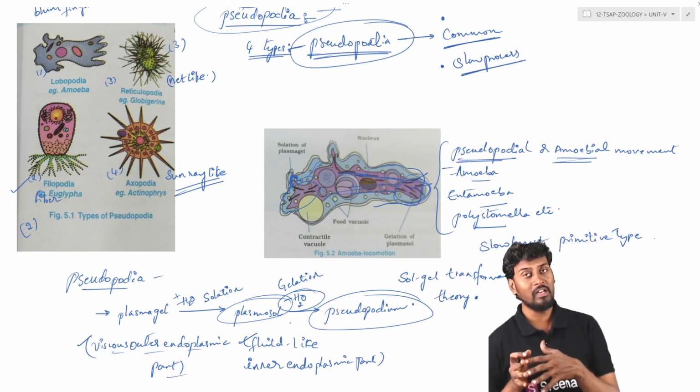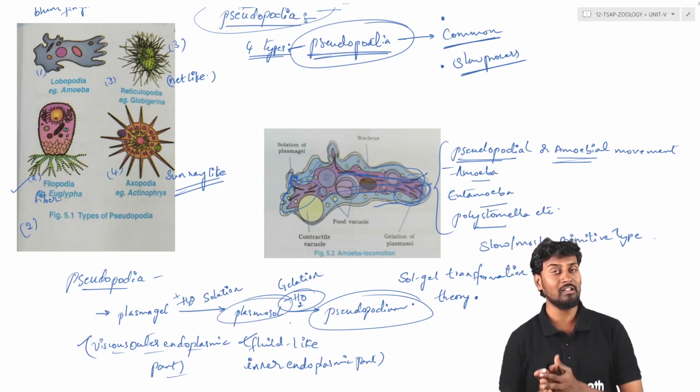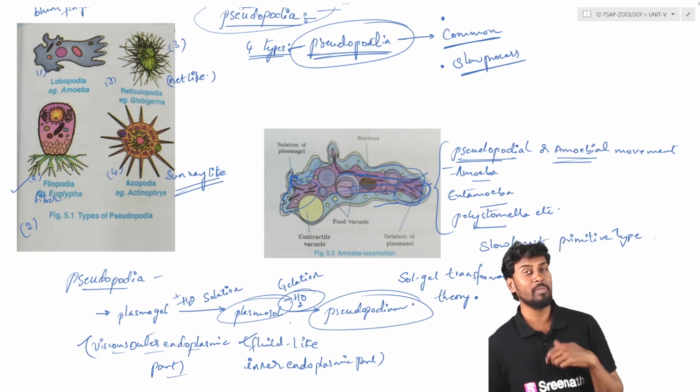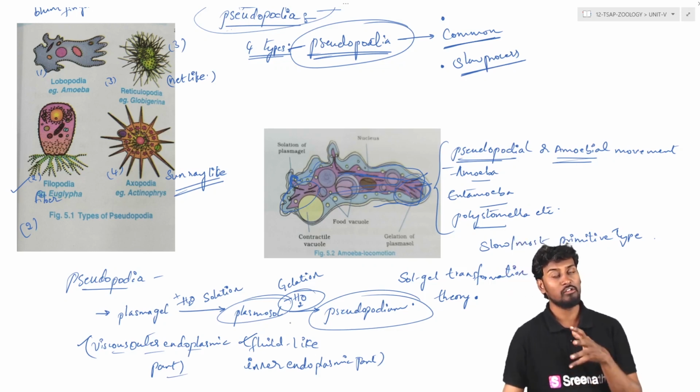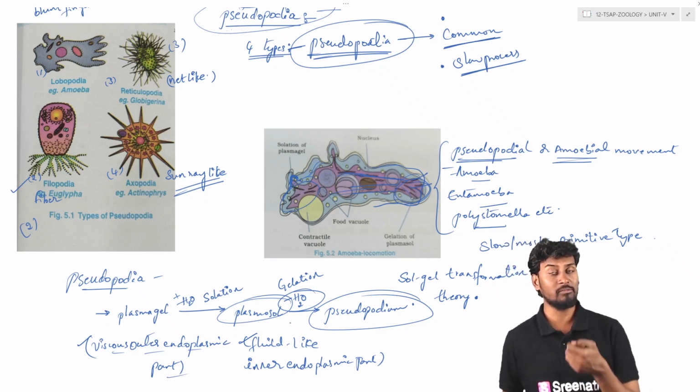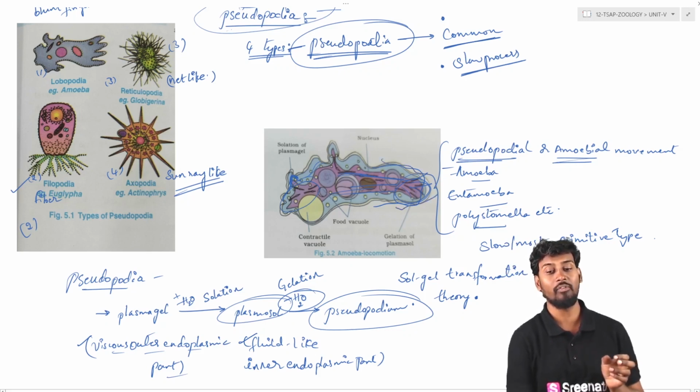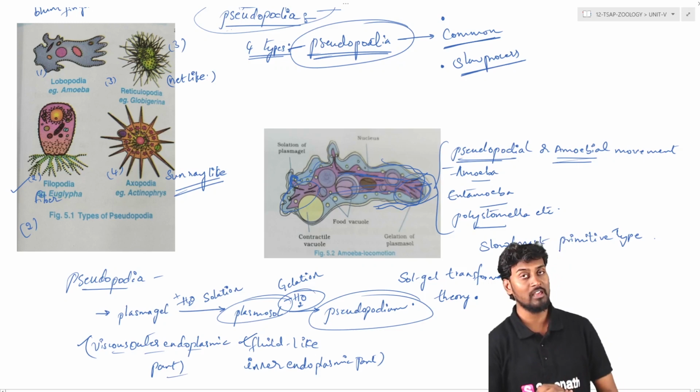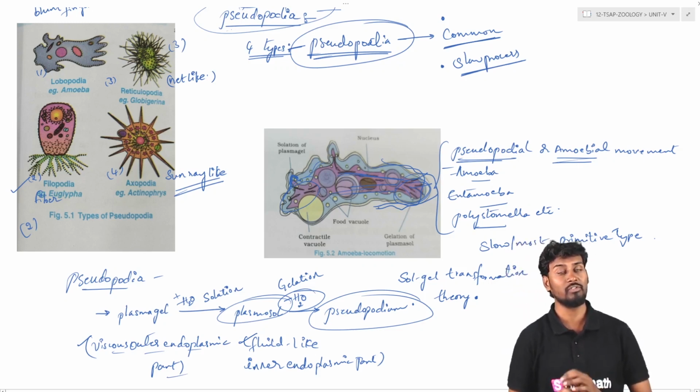When it is done, we can see the removal of water, that is, gelation taking place, where plasmasol is converted into plasmagel, that is generally called gelation of the plasmasol. Finally we can see a proper pseudopodia formation in this organism.